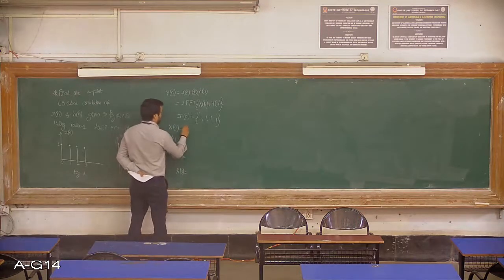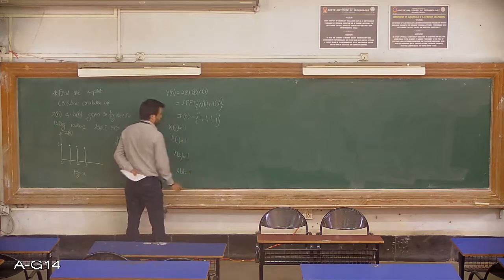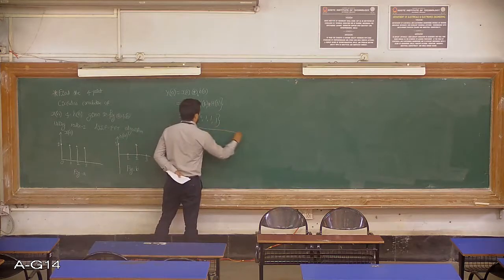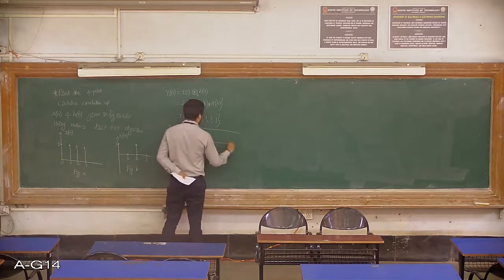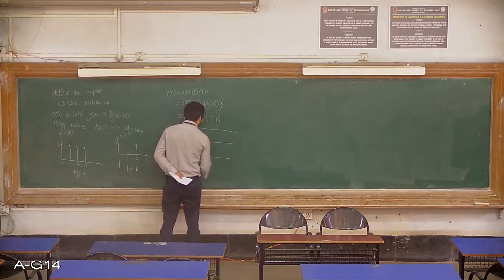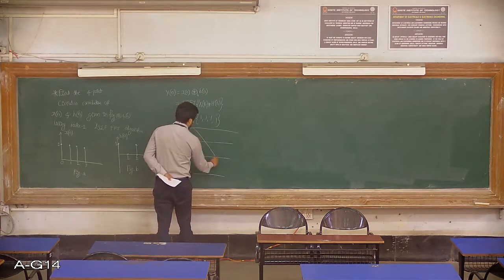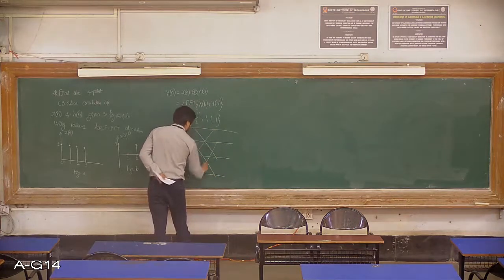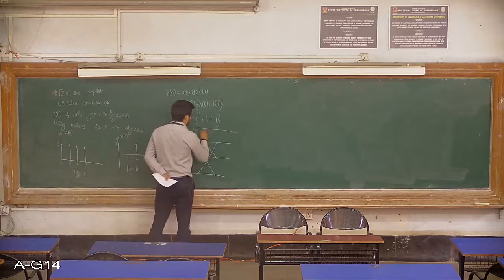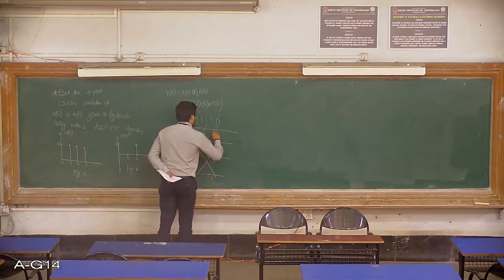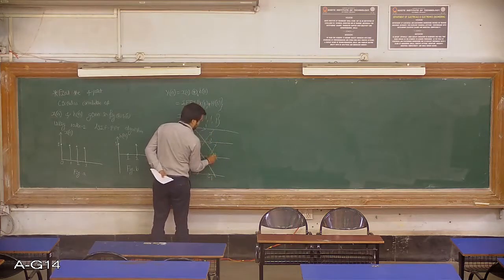So values are 1, 1, 1, 1. Take the butterfly diagram. First one is 4 point. After that 8 point. So 4 point. Draw the butterfly diagram. So first two are 1, 1, then next two are -1, -1, up arrow, down arrow.